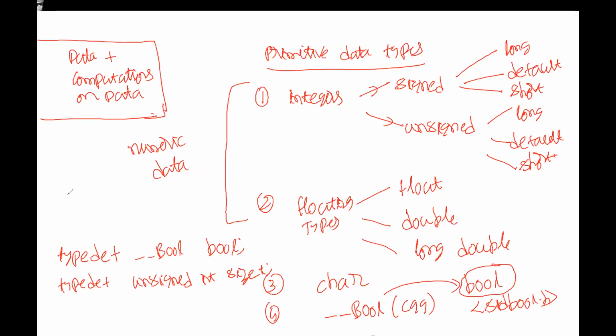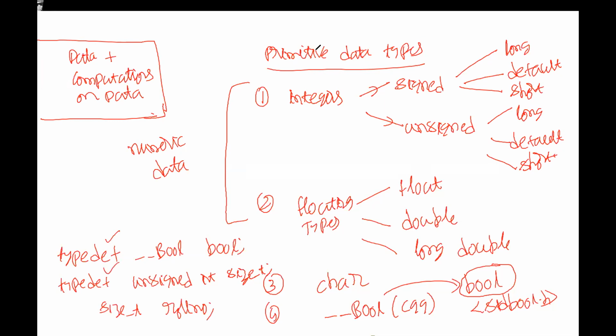Once you define this in your program, when you say size_t roll number, it means your roll number is of type unsigned int. Are you with me? Do you understand this typedef statement?